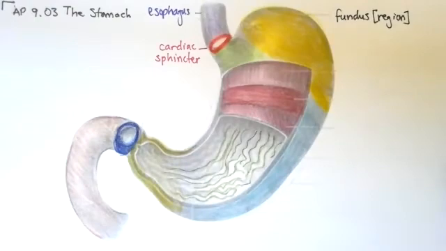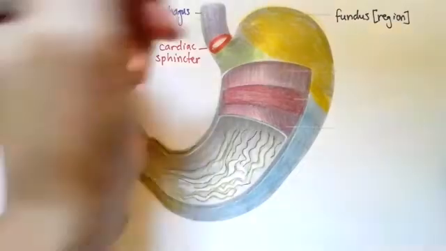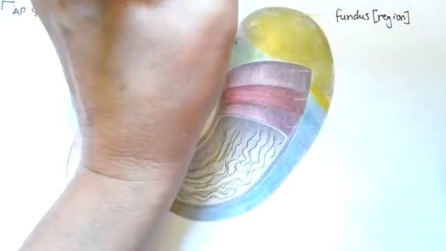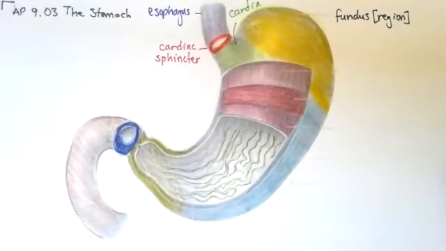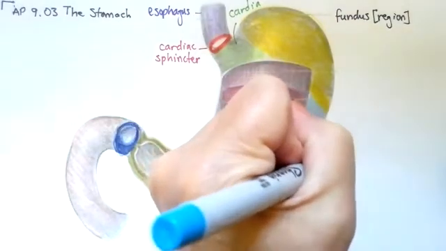In light green, this area is called the cardia. See, everything in that region has that name. Just like on the mandible and on the vertebra, the largest portion is called the body. So in light blue here, I have the body of the stomach.